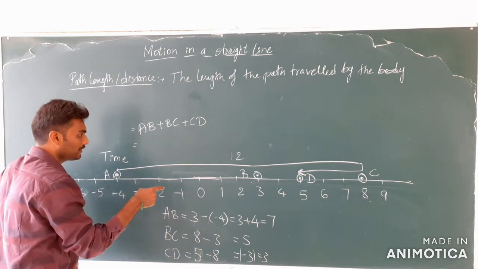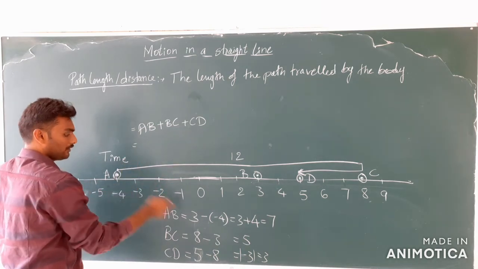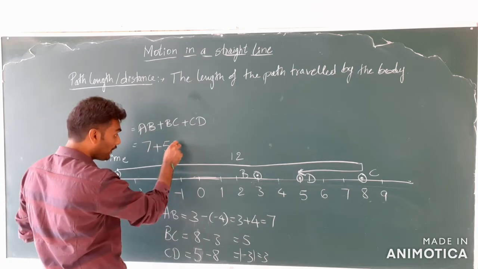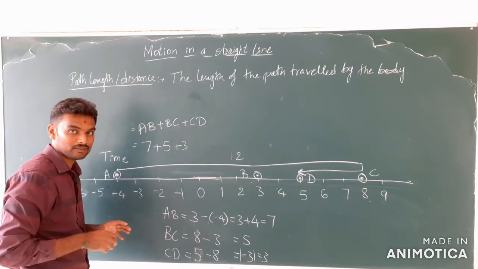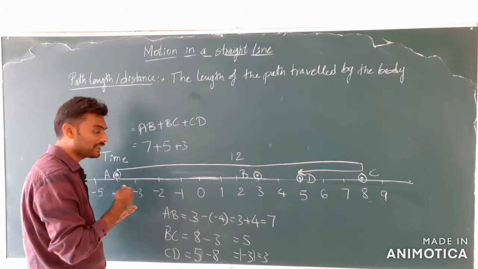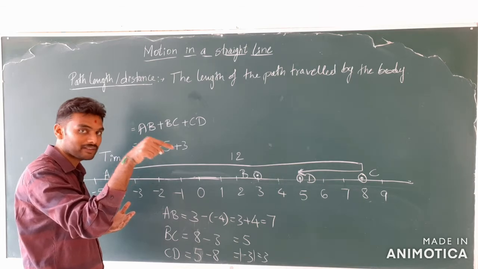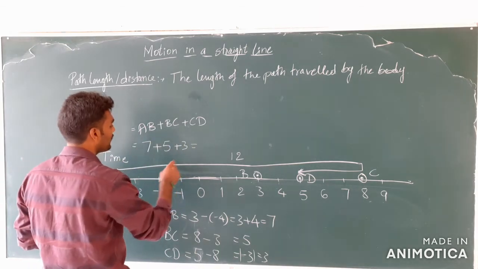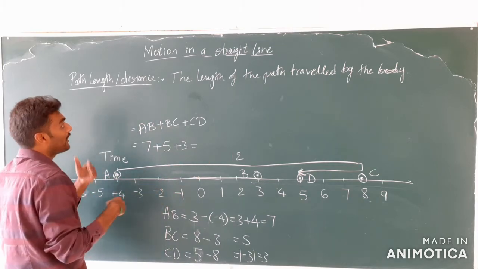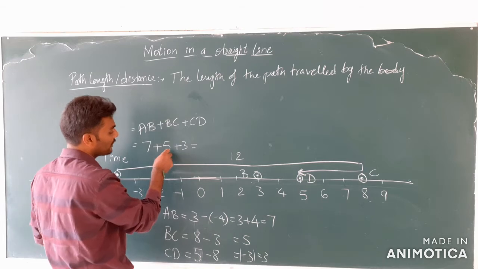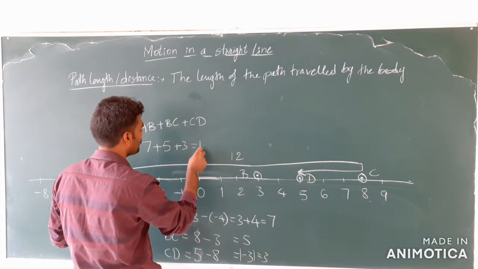So AB is 7 plus 5 plus 3. Got the idea? It is the length of the path. Whatever path it goes, we have to go along that path and measure the length. So totally, the path length or distance for this motion is 7 plus 5, 12, plus 3, 15.